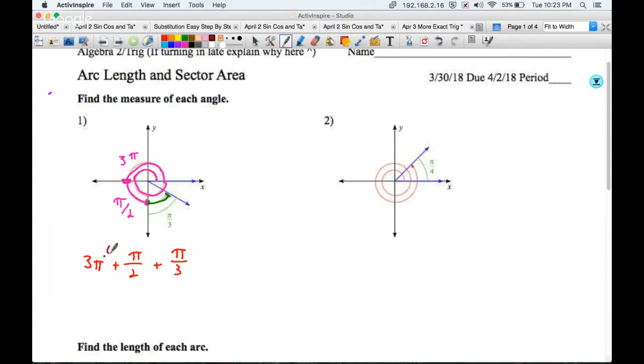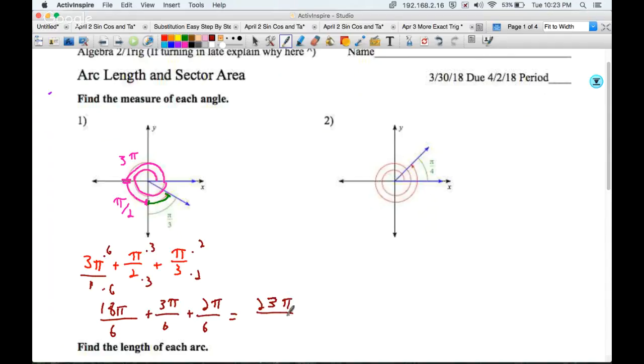So I'm going to multiply this one by 6 over 6, put it over 1 so that it's a fraction, multiply this one by 3 over 3, multiply this one by 2 over 2, and now I've got 18 pi over 6 plus 3 pi over 6 plus 2 pi over 6. Or that's 23 pi over 6.